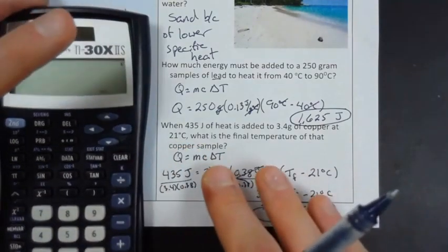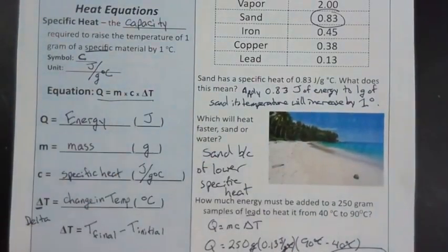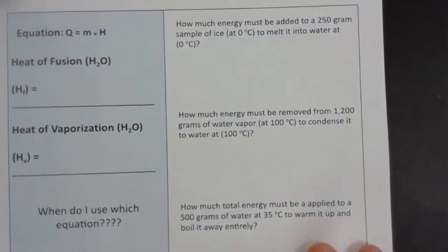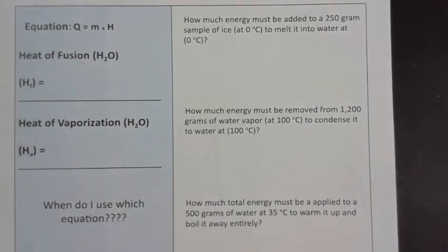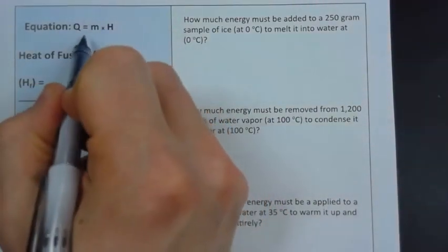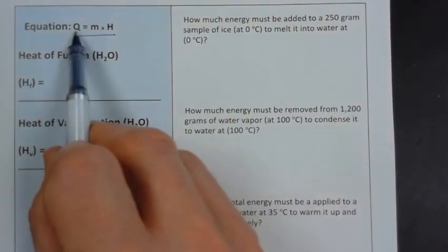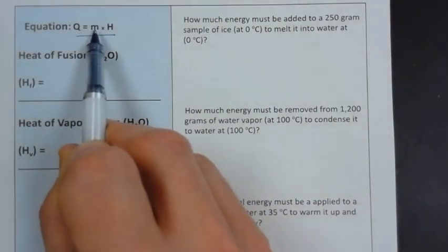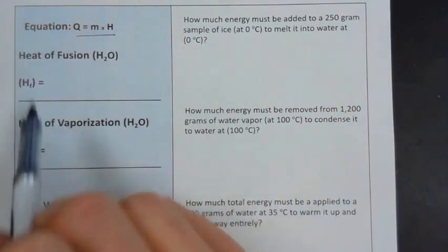Okay? So this is one equation that we're going to use, Q equals mc delta T, but we have to recall that on our energy diagrams, we had segments where the temperature didn't change. So we have a second equation that we're going to use that looks very similar but has two different constants attached to it. All right, so this is Q, our energy, equal to the mass of our system, same system, times H, which are these heat constants.